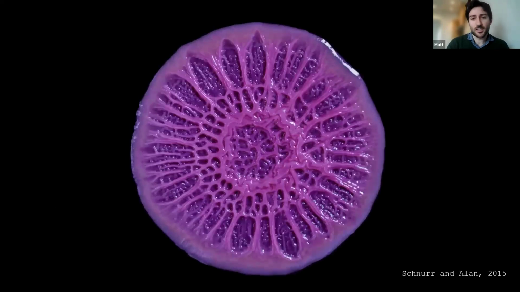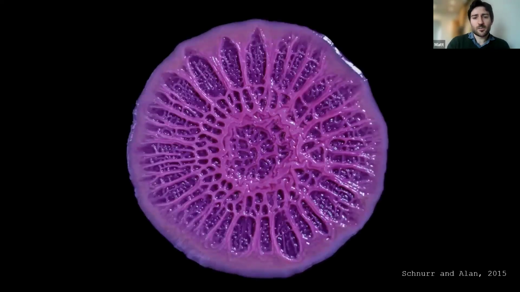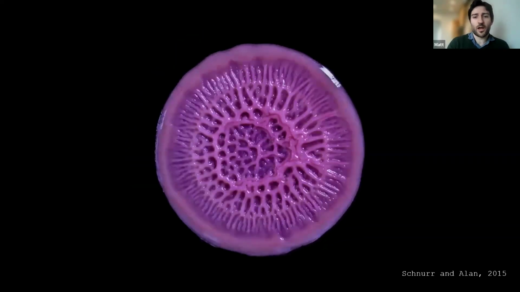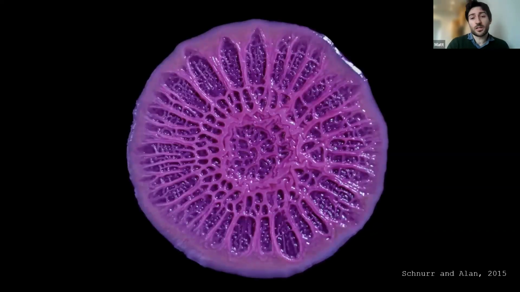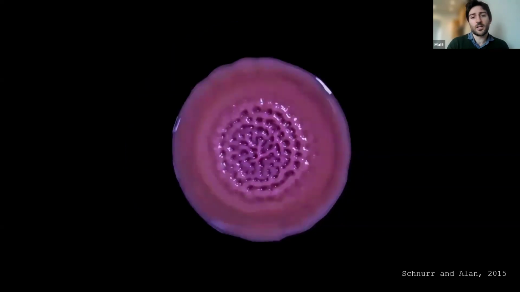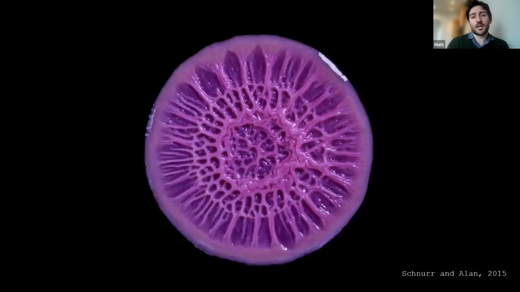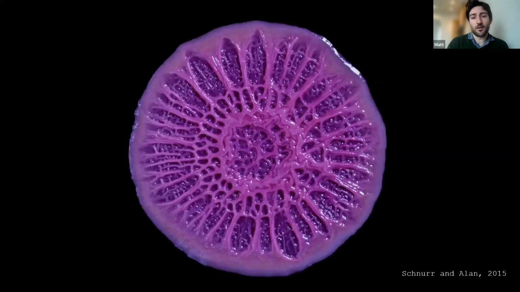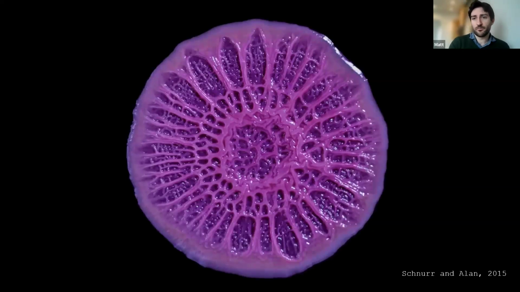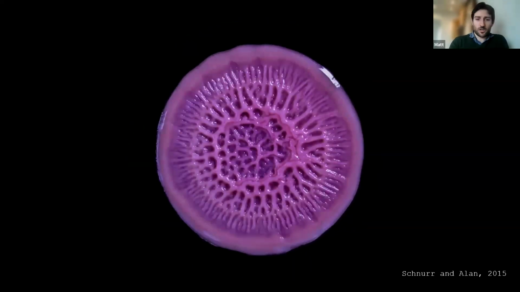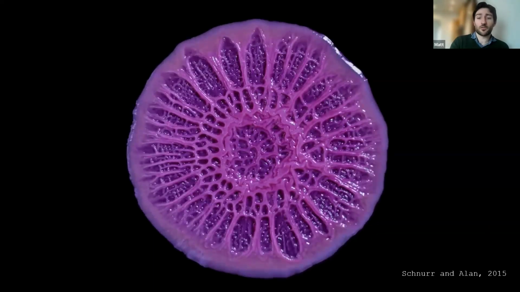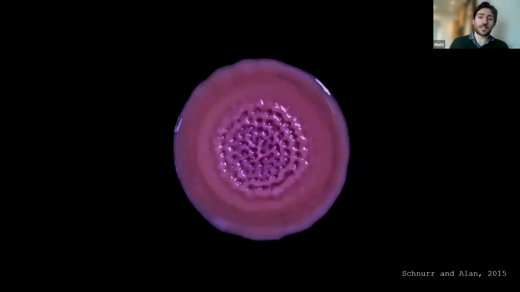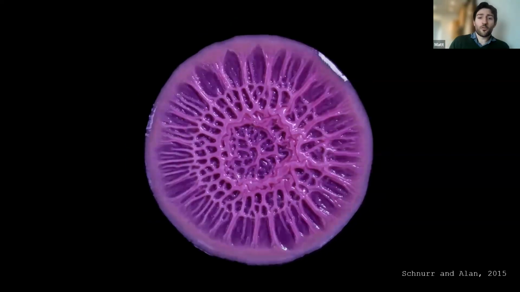Reaction diffusion processes underlie some of the most striking examples of spatial patterning in the biological world, but really the natural world. What you're looking at here is a time-lapse video of a growing biofilm. A biofilm is a bacterial colony. It is estimated that 90% of bacterial colonies in the world exist in these collective formations.